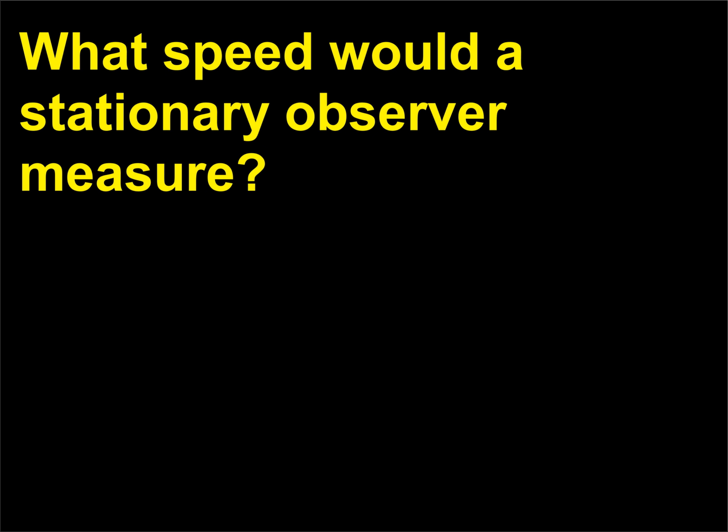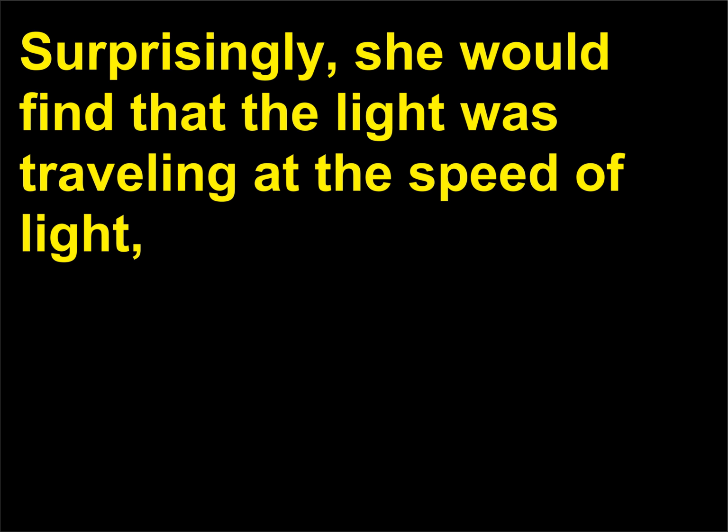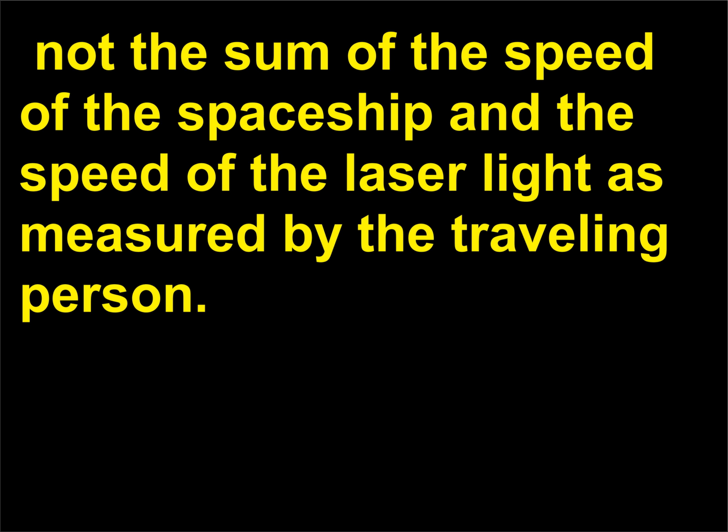What speed would a stationary observer measure? Surprisingly, she would find that the light was traveling at the speed of light, not the sum of the speed of the spaceship and the speed of the laser light as measured by the traveling person.